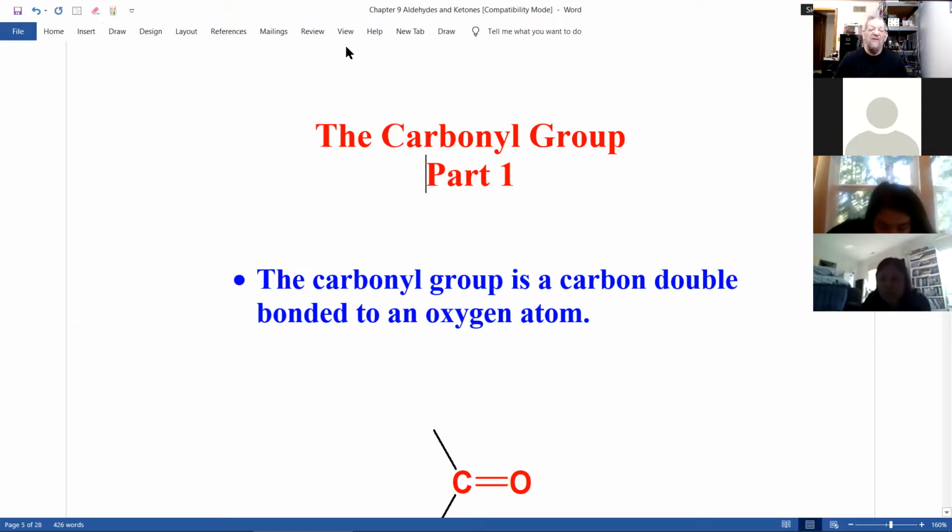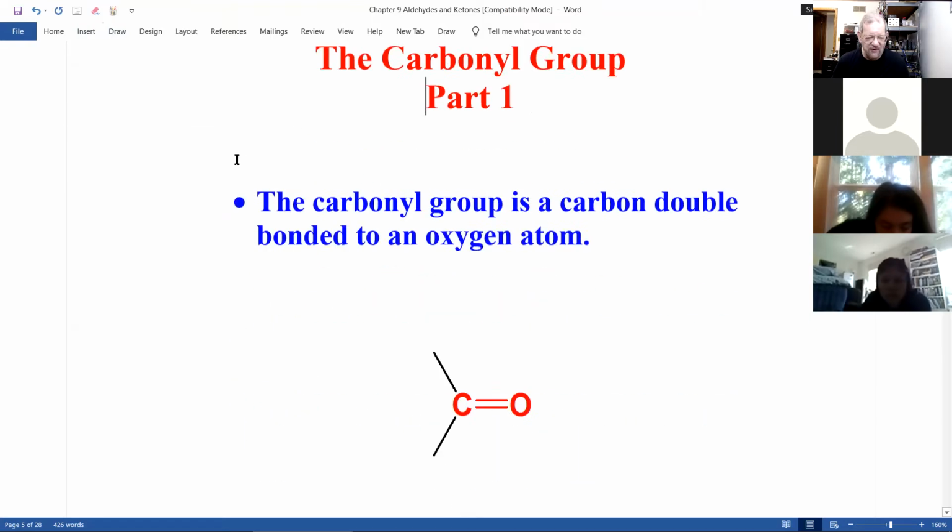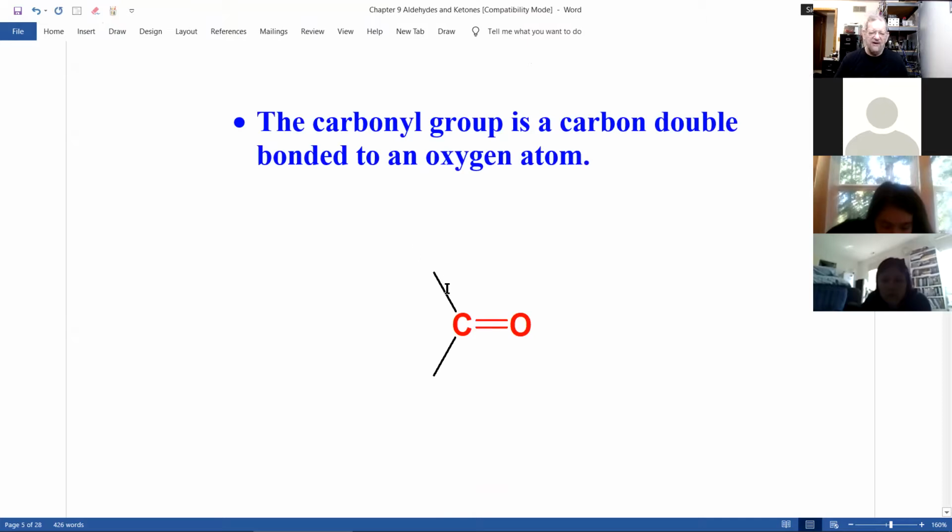There. Now, the most important thing I know in organic chemistry, but that's my personal opinion, is the carbonyl group. You should know the carbonyl group is a carbon double bonded to oxygen.